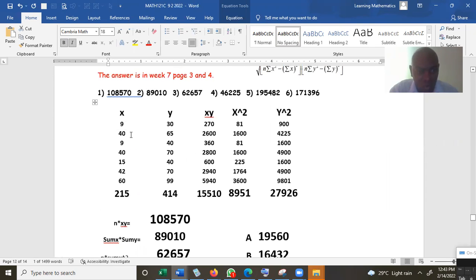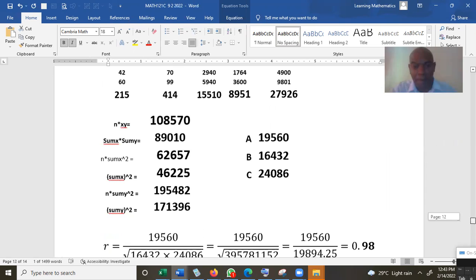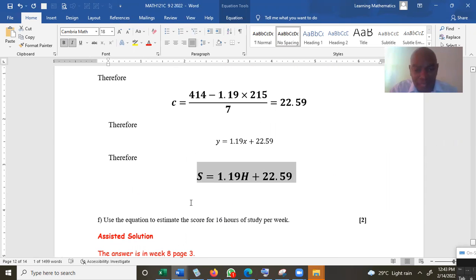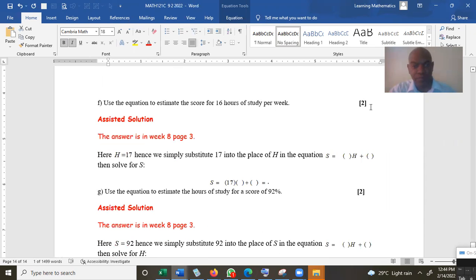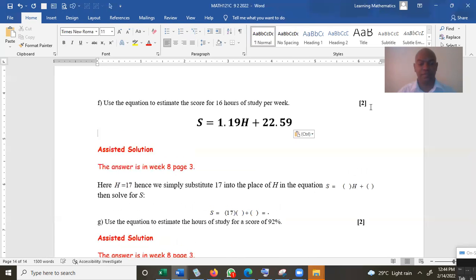You see that these are values collected from a survey, and actually make an equation with that data and use that equation now to forecast, to project. You see the power of mathematics. Use the equation to anticipate, to estimate about how much will I score if I study for 16 hours.